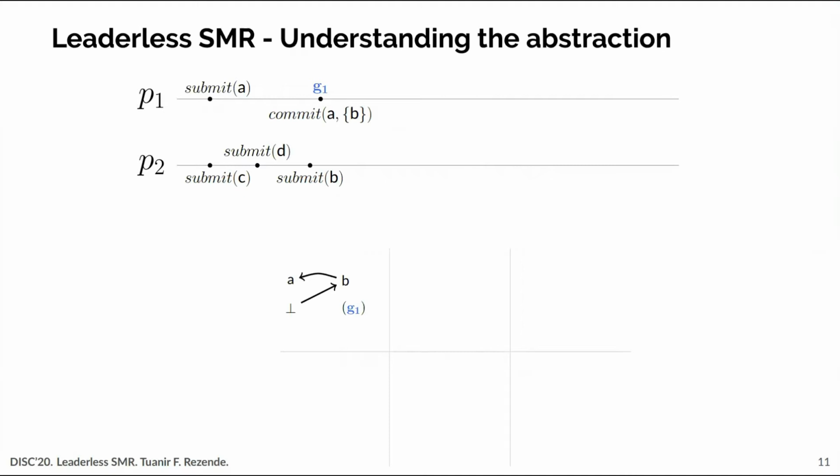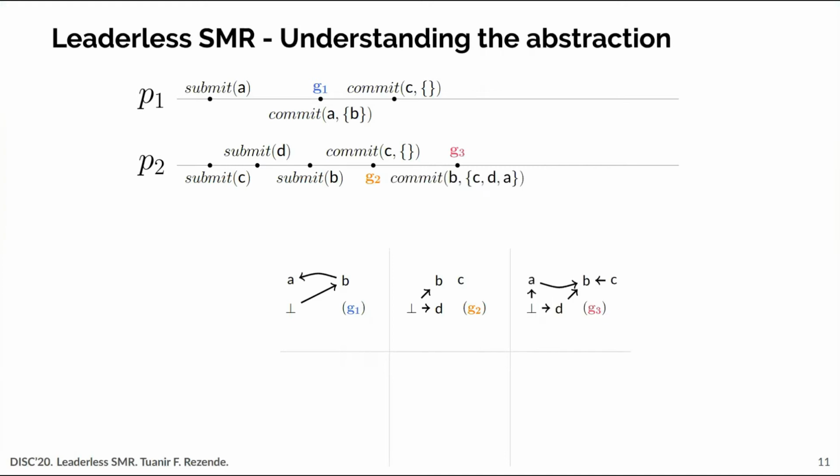We can see that B is still pending because there is an edge from bottom to B. And then we have the commit of C, and the replicas decide that the dependency is empty. So yielding dependency graph G2, we can see that there is no longer an edge from bottom to C. Then we have the commit of B with the dependency set C, D, and A in G3.